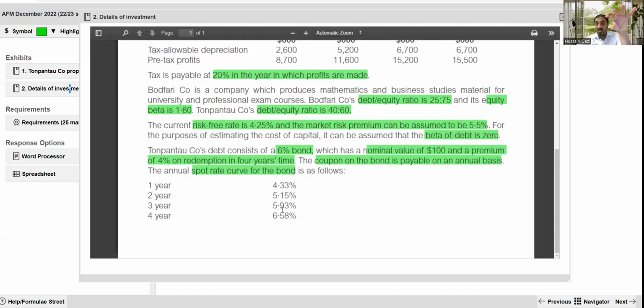Here we want to use something related to KD or something about the bond valuation. That's important. But here KD is not only for year 1. We need to take the cost of debt discount rate for years 1, 2, 3, 4 with respect to the bond valuation. Okay, this is the point.